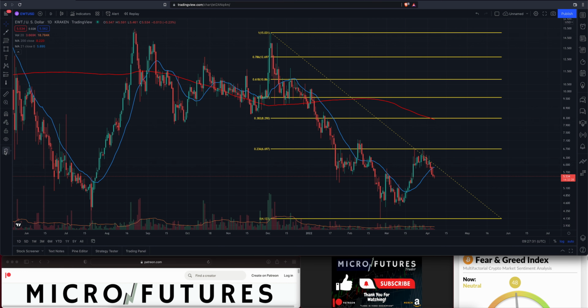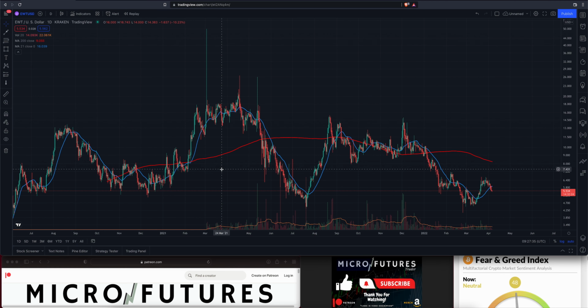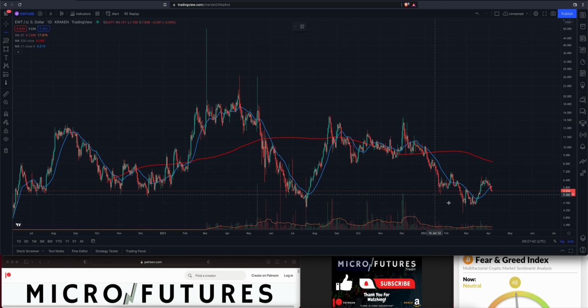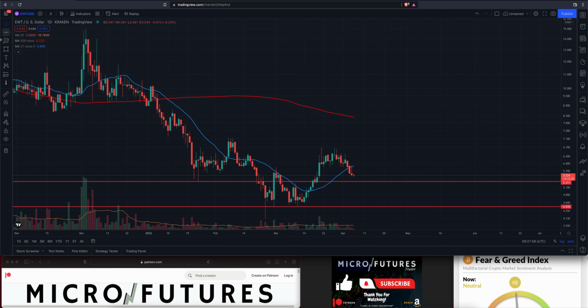And before we jump back into that, you could see, zoom out here, that there is a little bit of a floor of support for EWT. This move is down in here for some support. And then it looks like potentially we have another one over in here, which also correlates with, let me zoom in.